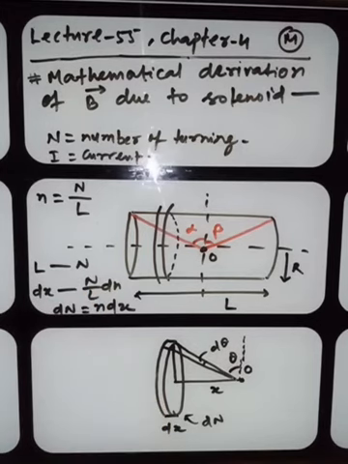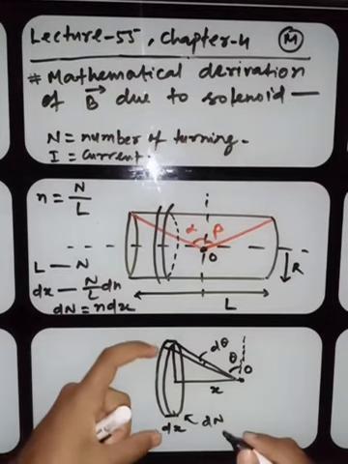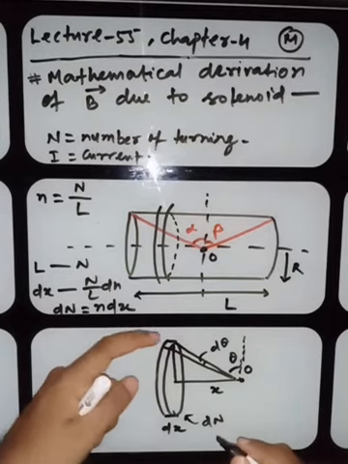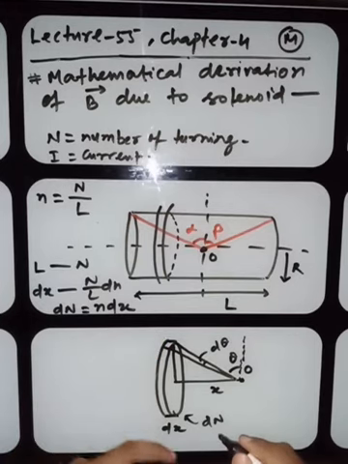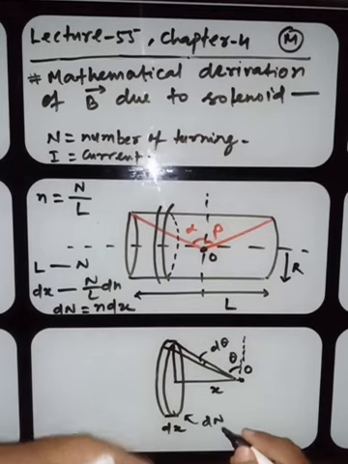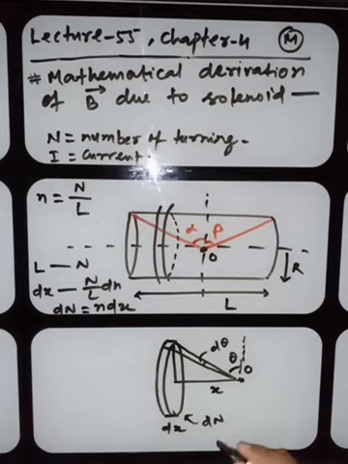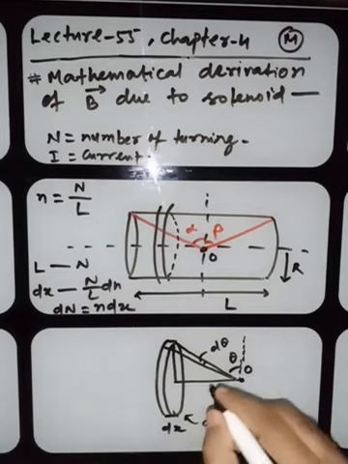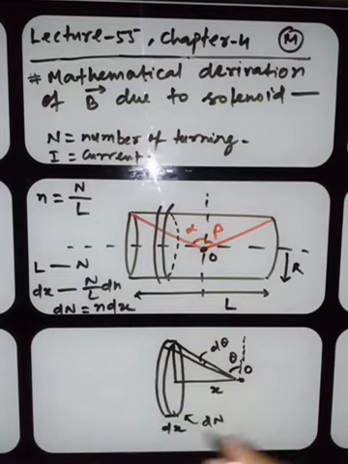Now try to recall, this particular conductor looks like a circular coil, and we have already studied the magnetic field due to a circular coil.